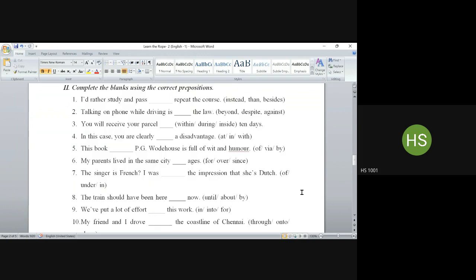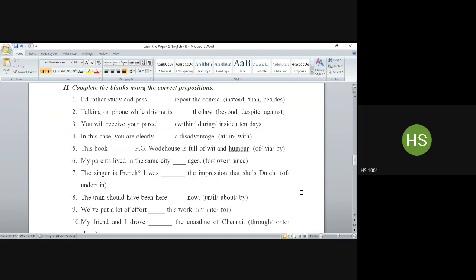Besides means in addition to or apart from. Basically it's shown for addition. Here we are not adding, right? I would rather study and pass. These are contradictory situations. So the answer is than.